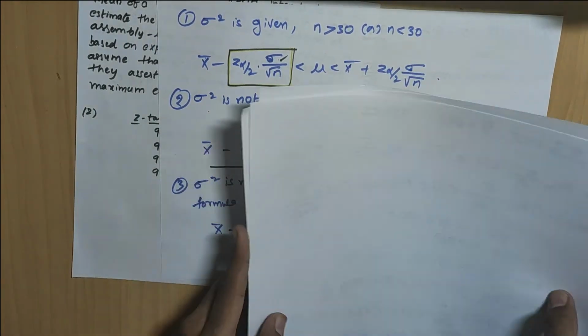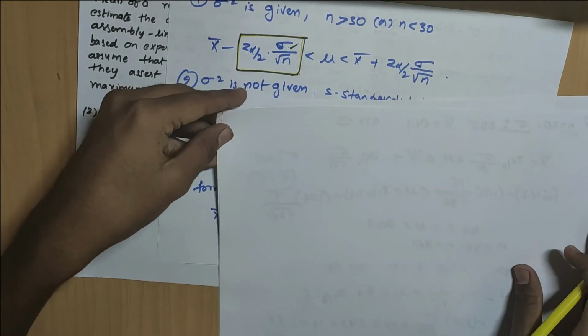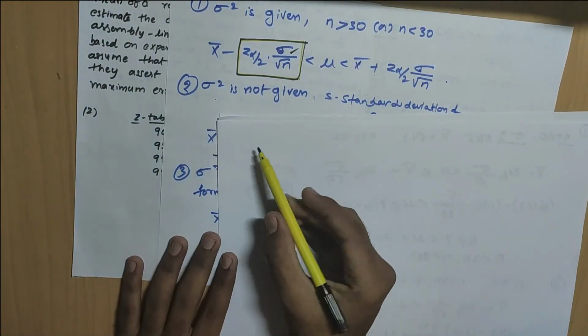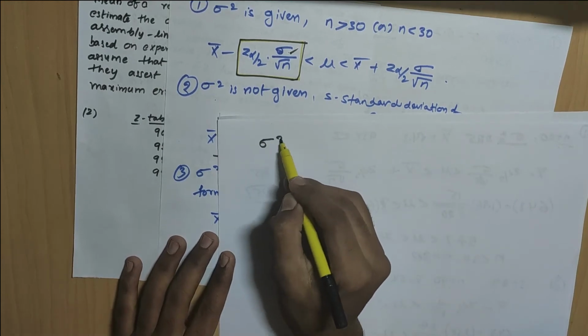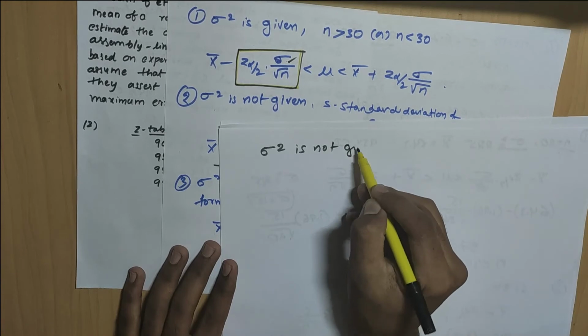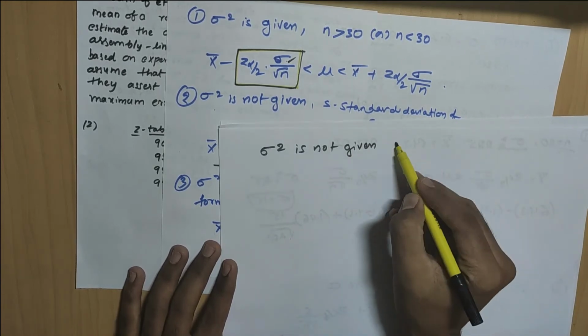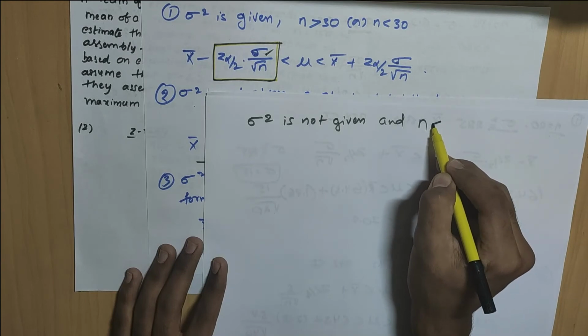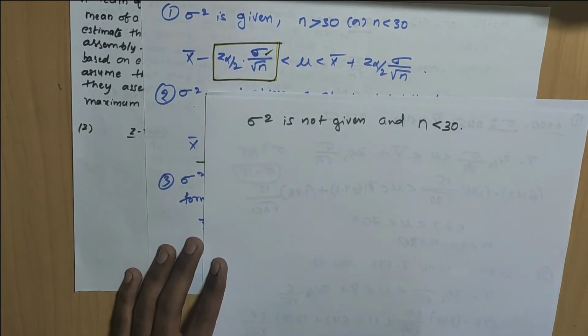This part is the most important, and you should know it is a little bit tricky also. The case is when sigma square is not given and n is less than 30.